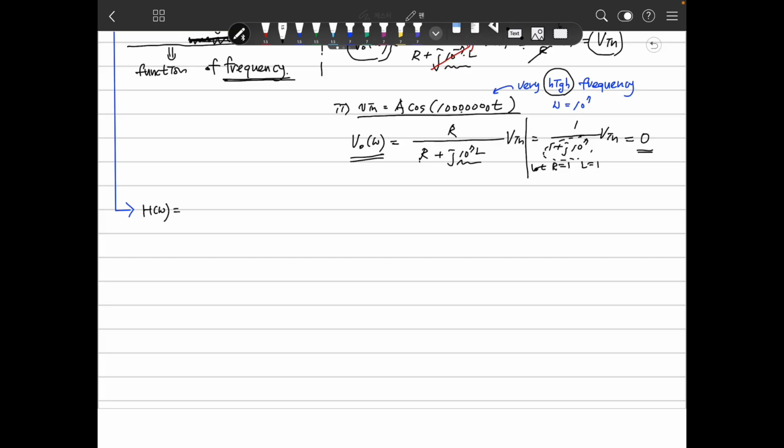H omega is output over input. So that was R plus j omega L. Because this is a frequency response, or you can call it a network function, you need to rewrite it in a different form.